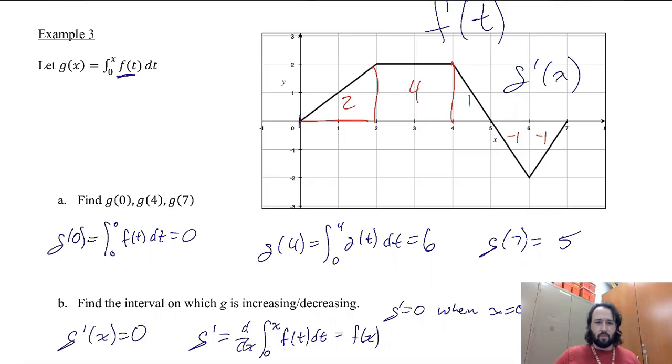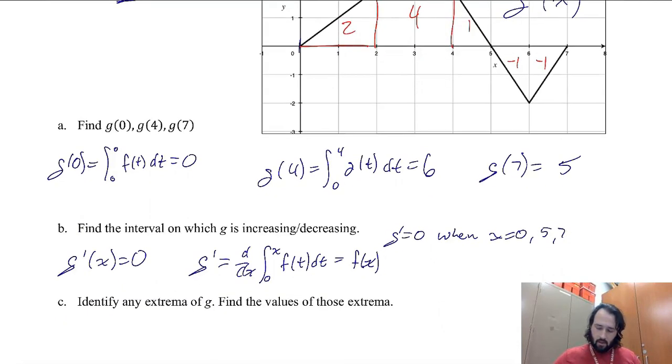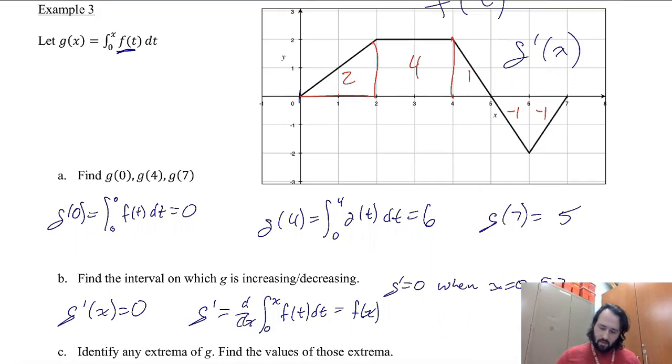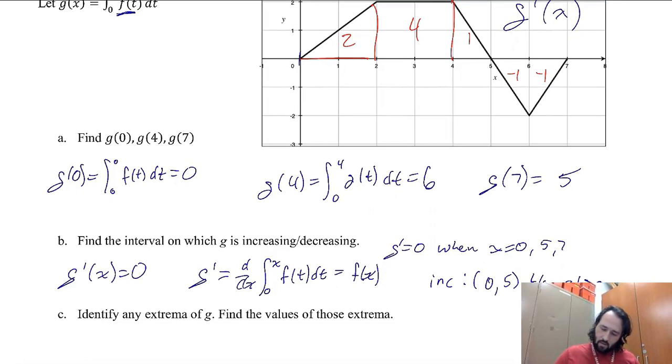So if I take the derivative of g, that just gives me f, which is what we saw, right? So if I'm thinking about this on a number line, I'm increasing when my derivative is positive. So I'm increasing on the interval from 0 to 5 because g prime is greater than 0. I am decreasing on the interval from 5 to 7 because g prime is less than 0.